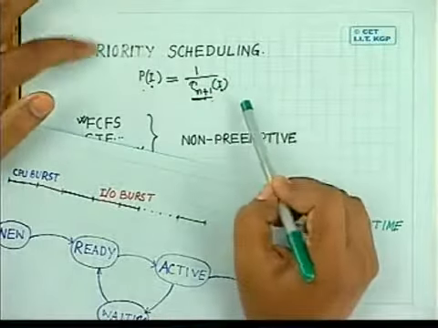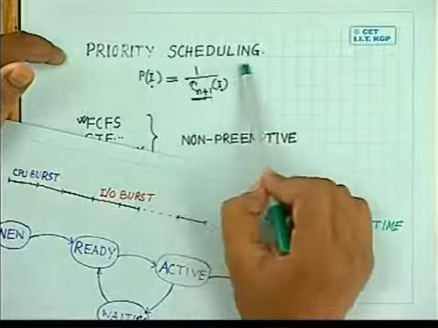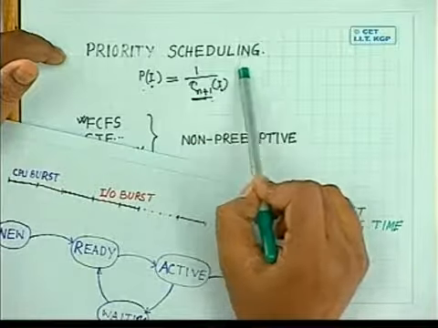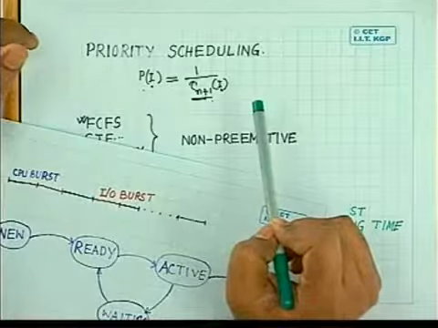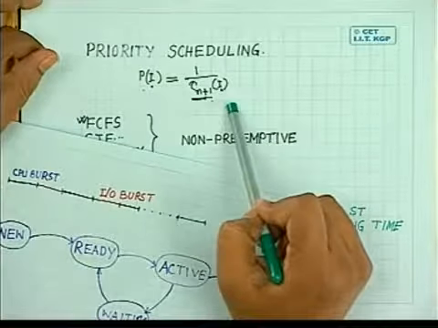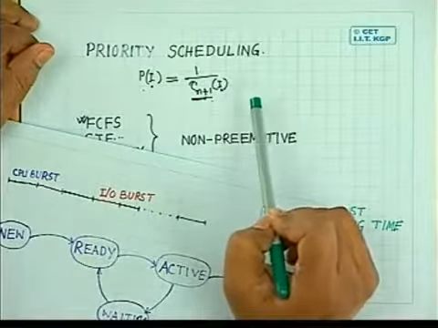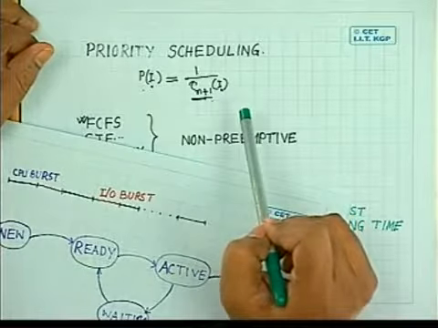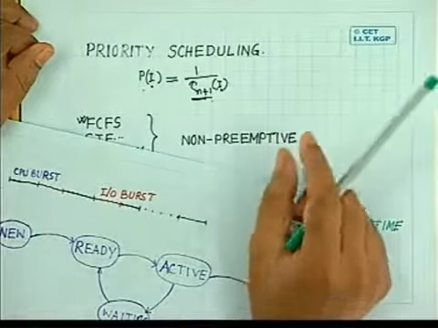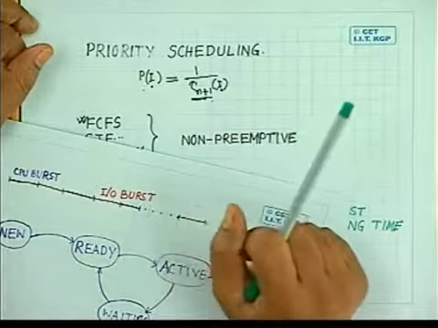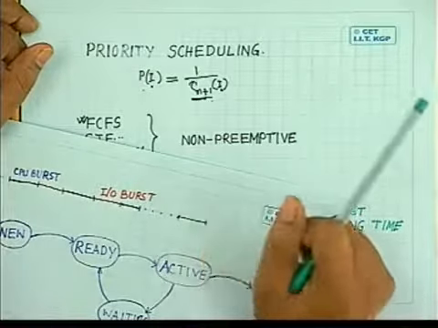So one point I didn't mention is that this CPU scheduling technique has to be very, very efficient, because the CPU scheduling technique works with the CPU burst. It should not so happen that to allocate a job having a CPU burst time of 5 milliseconds, the CPU takes 6 seconds to decide that the job of 5 milliseconds has to be executed. It should not be so, because in that case, most of the time the CPU will be wasted on decision making.